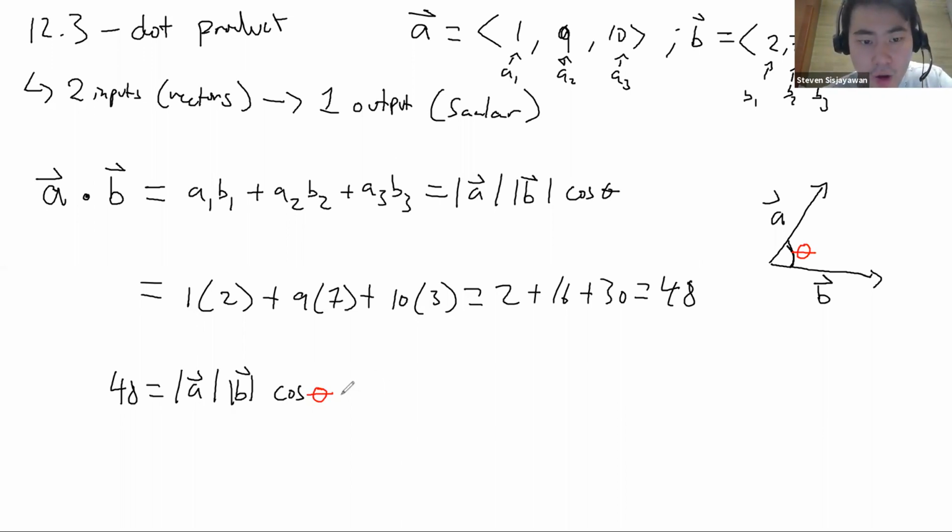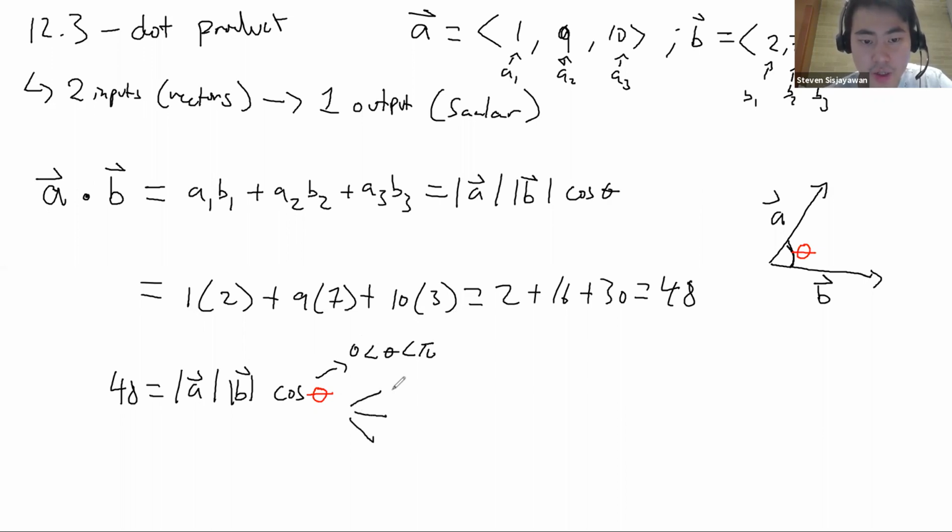Now for cos theta, we're only going to be considering theta between 0 and pi, in radians. So we have 3 different cases.